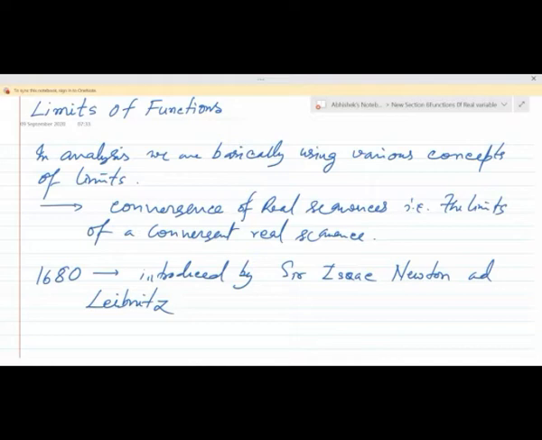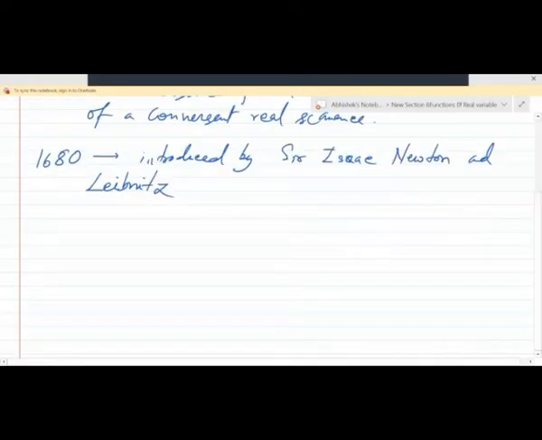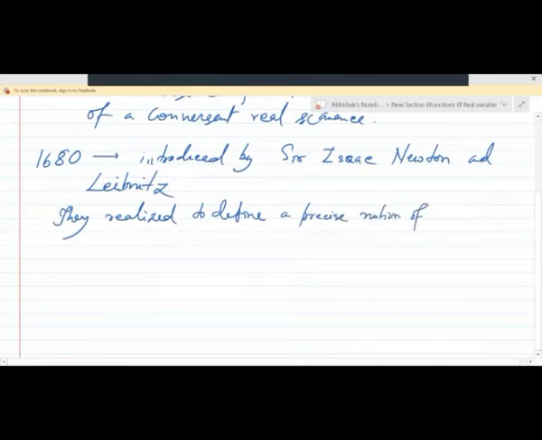So they realized to define a precise notion of functions. Before them, people didn't know much about functions, maps, etc.